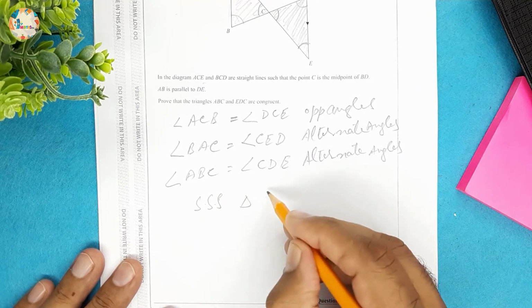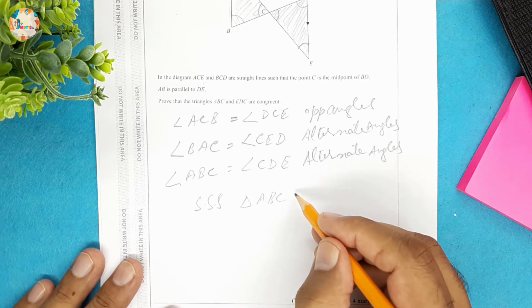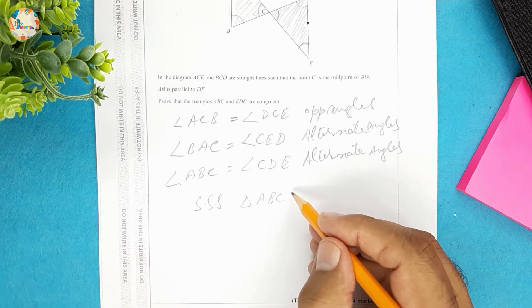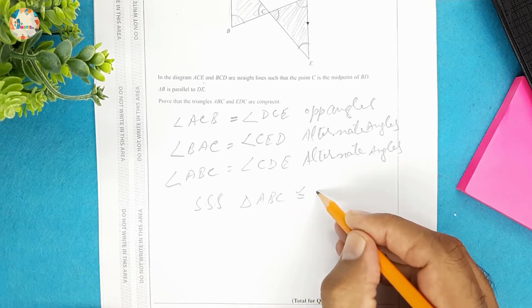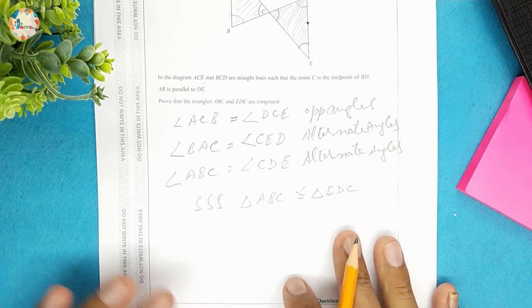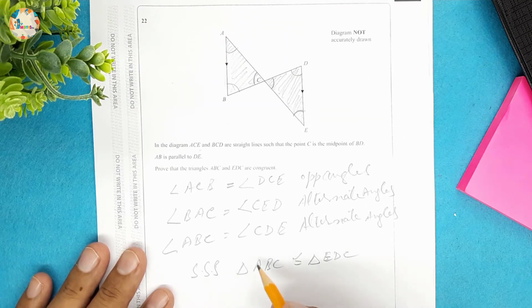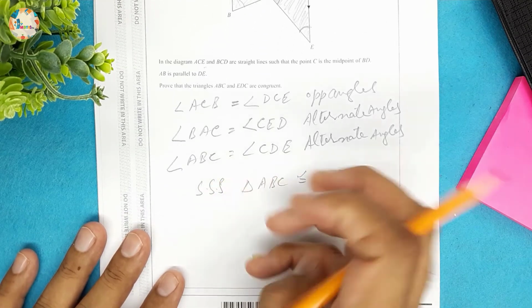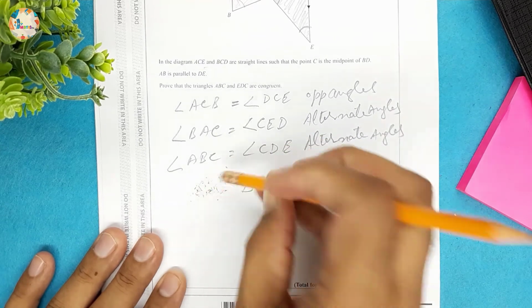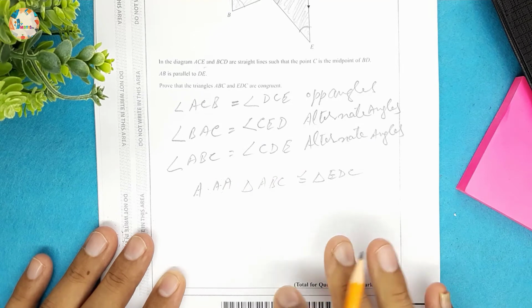So we can say triangle ABC is congruent to triangle EDC, and we can use another theorem which is angle angle side. This is not side, this is angle, right? So this will be the angle postulate.